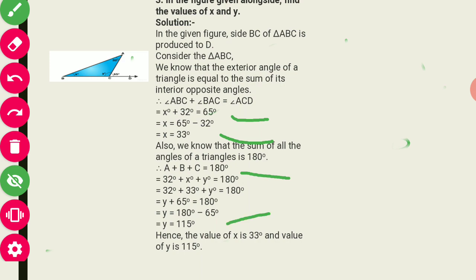The sum of 32 and 33 was 65 degrees. So from 180 degrees, when you subtract 65 degrees, the value of y will be 115. So this way you have calculated the value of x and y. The value of x is 33 degrees and the value of y is 115 degrees.